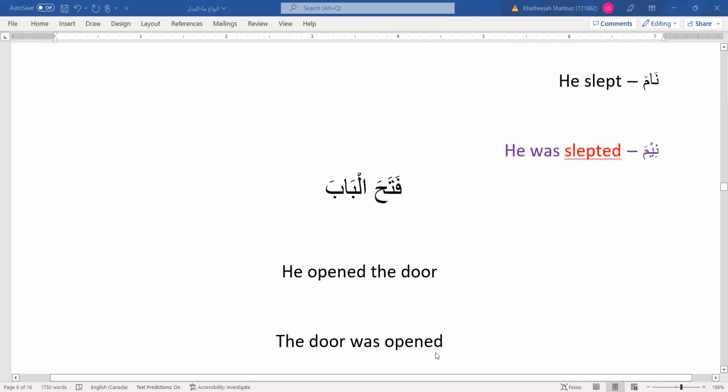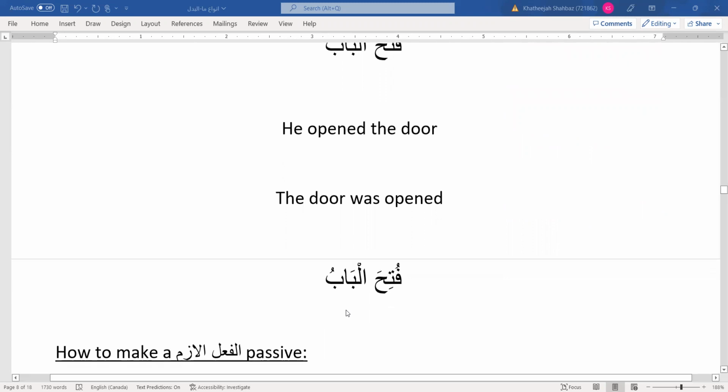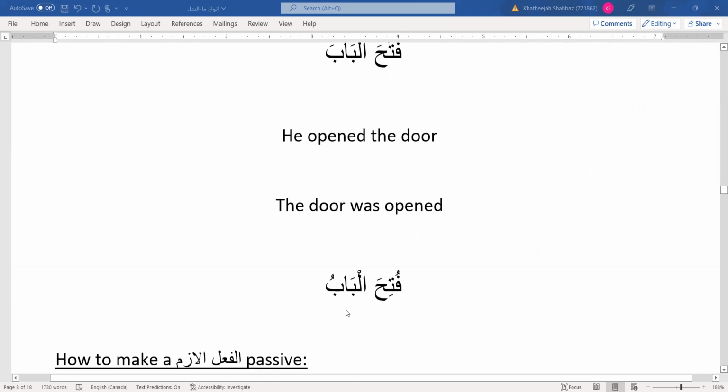Futiha al-babu, not al-baba, because now the na'ibul fa'il is al-babu, it has to be in rafa' status. Okay, so now coming back to what I was saying before: how can we make al-fi'lul lazim passive?